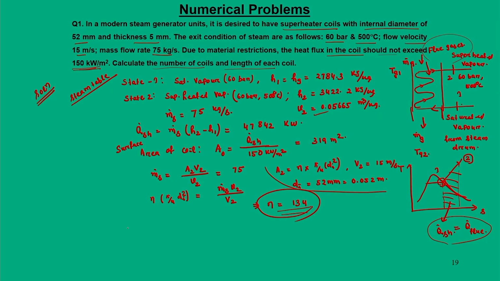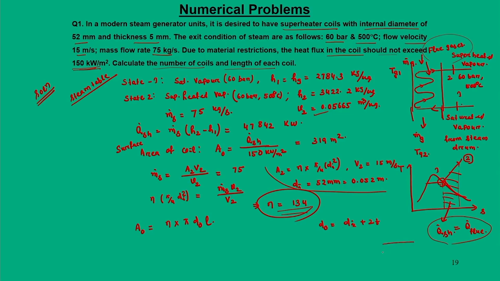Then this A0 surface area can be written as N into pi into d0, d0 the outer diameter, into length. Now, here the outer diameter of this tube can be calculated as inner diameter plus 2t.